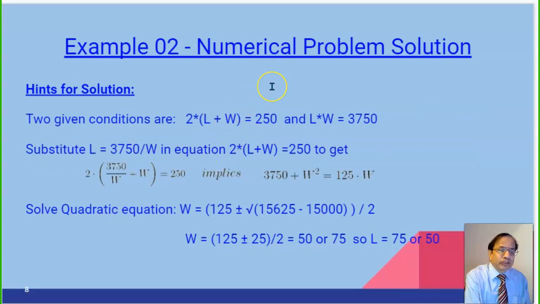Of course, the hints for the solution: there are two conditions given. 2 times the length plus width equals 250, where 250 feet is obtained as a perimeter by dividing 5,000 by 20, and the area as L times W, which is 3,750. Of course, we can formulate it as a quadratic equation and solve this problem.